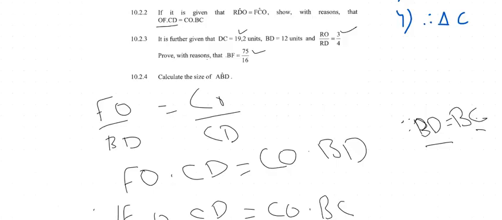RC equals 6 units, and we know that BR equals RB.